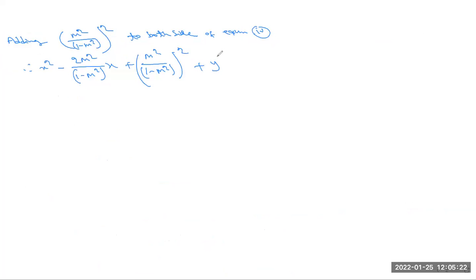So this is y square, which equals the previous m square by 1 minus m square, and we have to add these: m square by 1 minus m square, whole square. Okay, so now you have to calculate it.